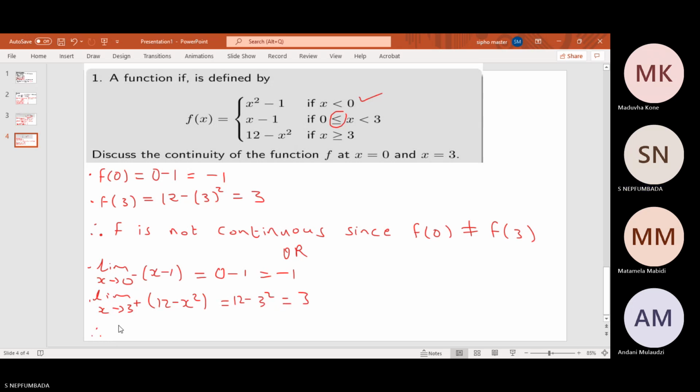Therefore, f is not continuous. Are we good? Since the left-hand side limit is not equal to the right-hand side limit.